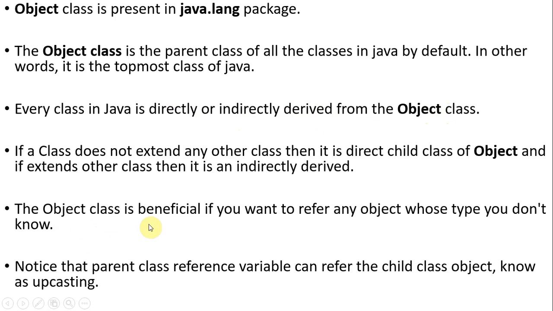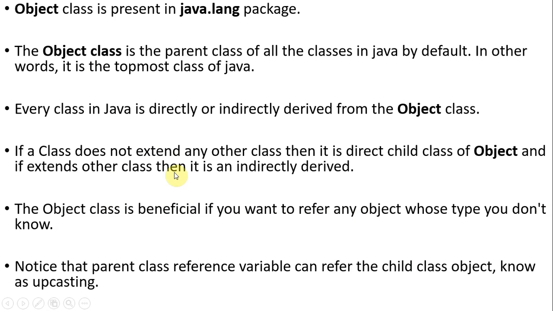The Object class is very useful because we can refer to any object with an Object class reference variable, where we don't know the class type.